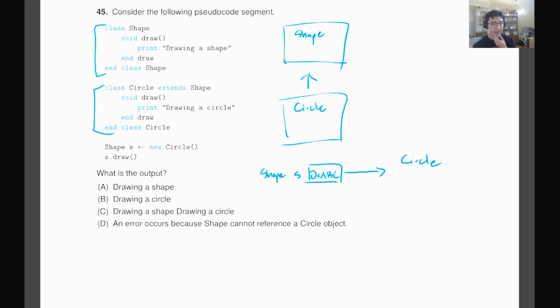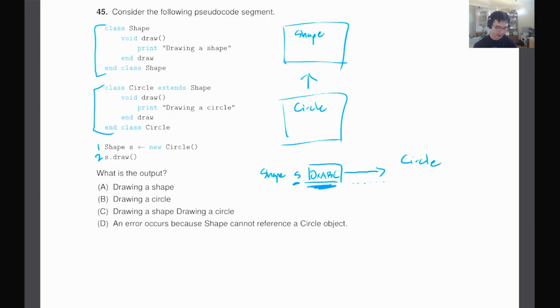And now we do s.draw, and the question asks, what is the output? Well, let's go through this code. I've already shown line 1 on the right-hand side. When we do line 2, s.draw, you can think of it as going to the variable s, following the memory address stored in s, and seeing that it's actually a Circle object being stored.